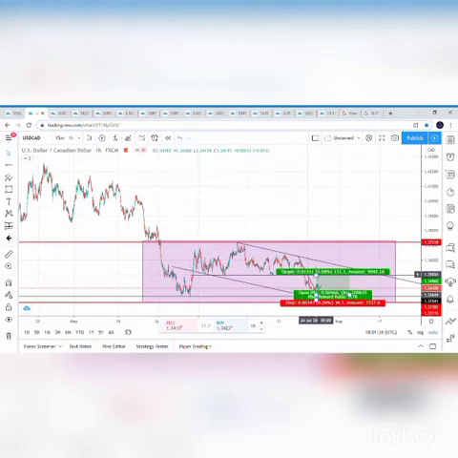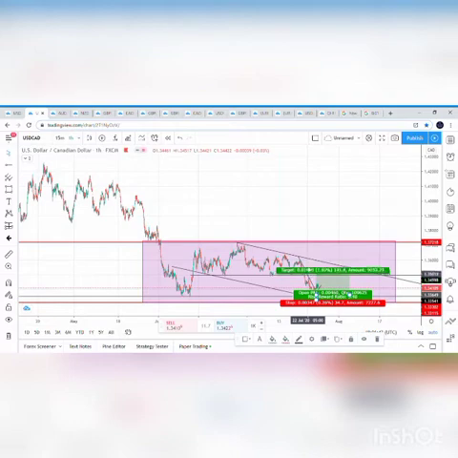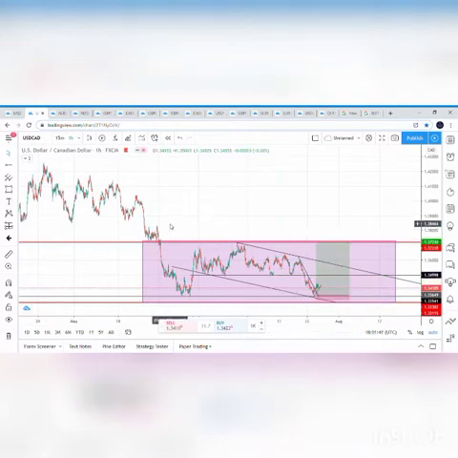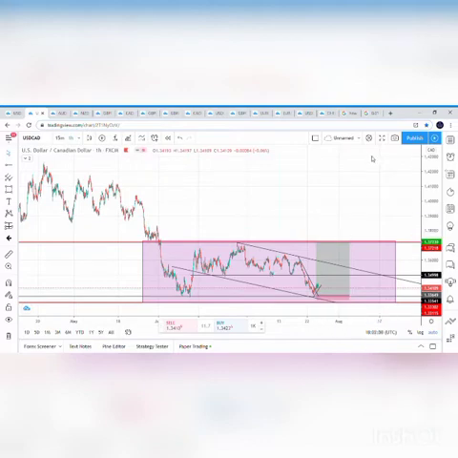So it got here, then went up, tested again, got here, and is coming out to test again. After that, we should be expecting another downward movement, or maybe a breakout over here, then a buy. I don't know if you're getting me.